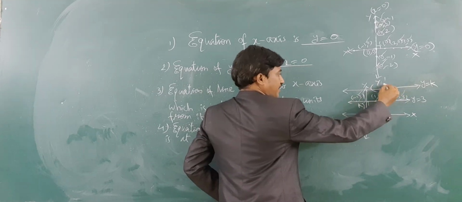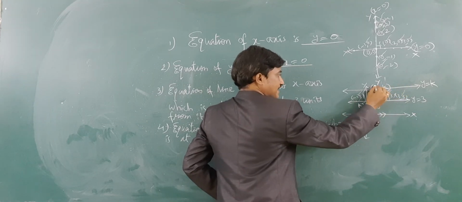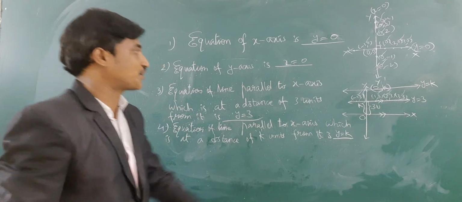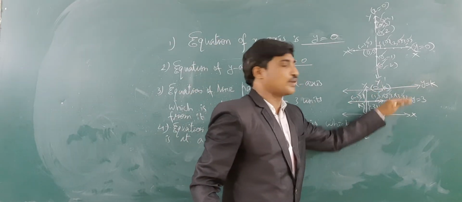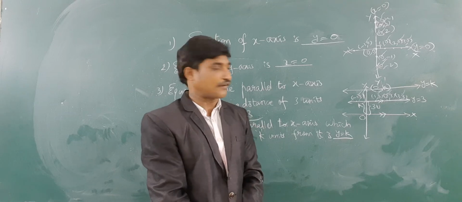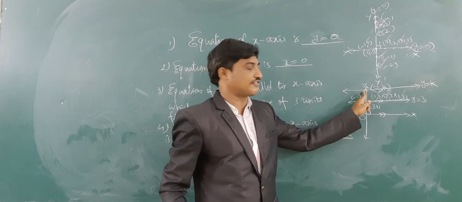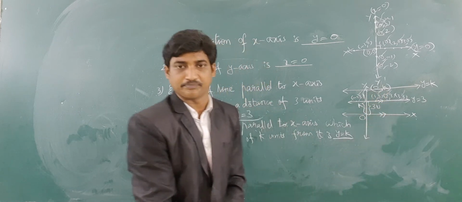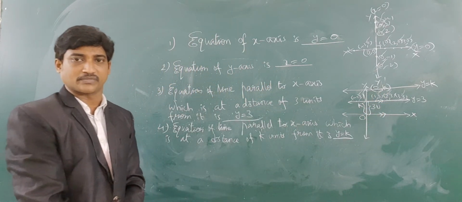As y is k, on y-axis the x-coordinate is 0, so the point is (0, k). Line y is equal to k is parallel to x-axis and intersects y-axis at the point (0, k).